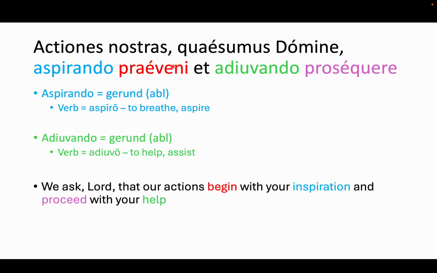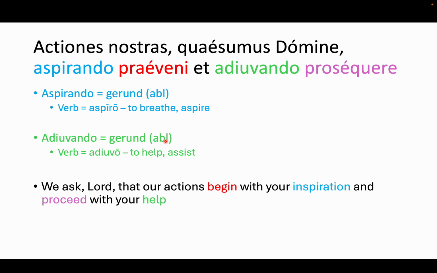And so what this sentence actually means when we translate it is, our actions, we ask you, Lord, may begin, praeveni, with your inspiration, okay? It's an ablative, so we can use the word with it, okay? And proceed, prosequere, there's the verb, with your help. Adiuvando, so help and inspiration are nouns here, right?